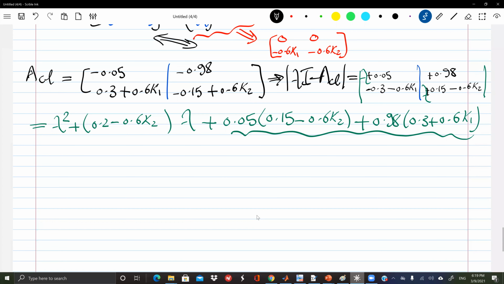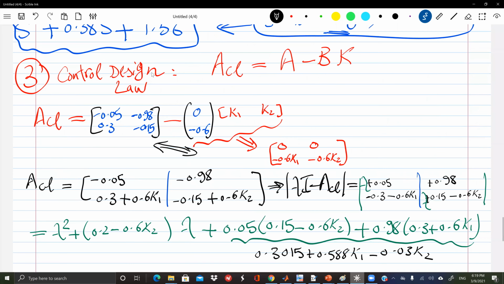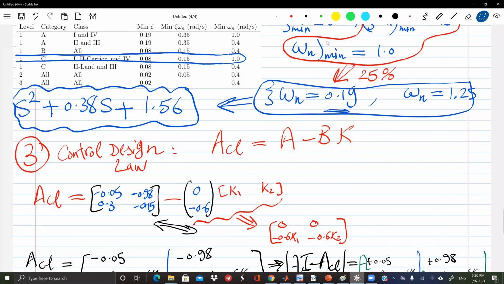Actually, where can I find it? This is 0.3015 and 0.3 K2. So we simply compare, right, with the desired characteristic equation.